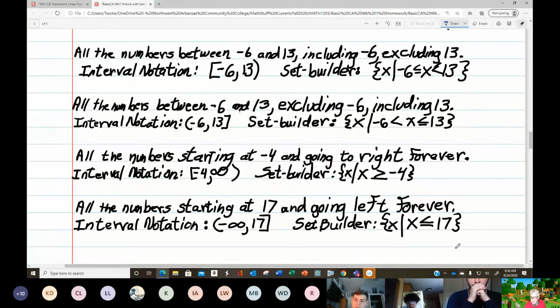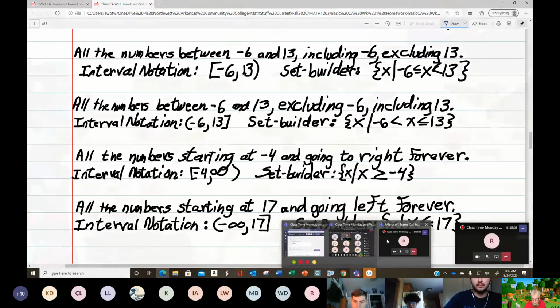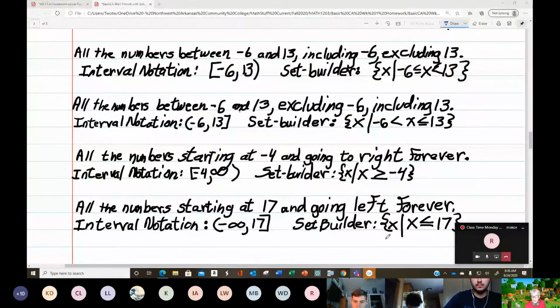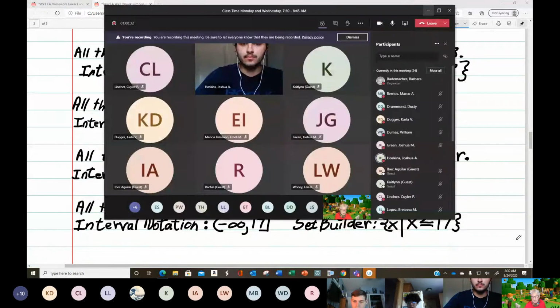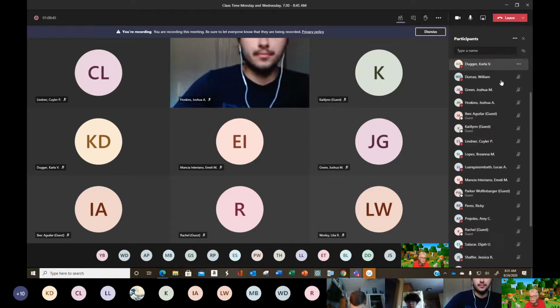I keep hearing a ding. Do you hear a ding? And I wonder if somebody isn't trying to get in. I hope they're not in the waiting room. Yeah, it looks like something's loading. Is someone in the waiting room? Yes. Okay, I'm going to increase the size of my screen and look for where it says somebody is in the waiting room.